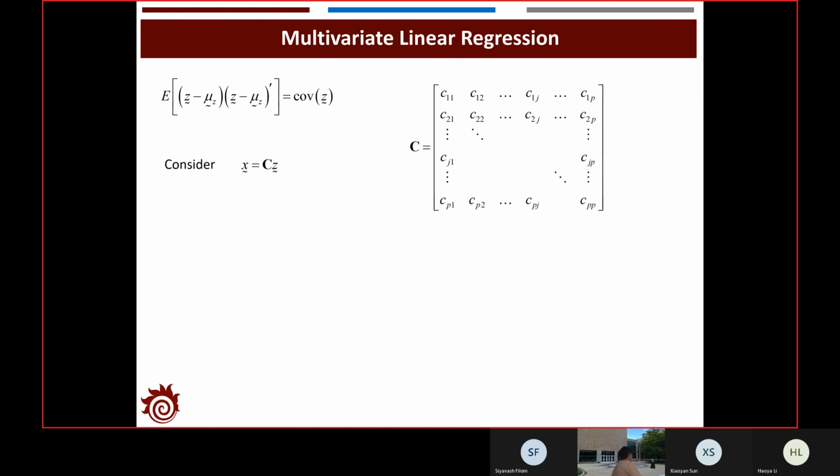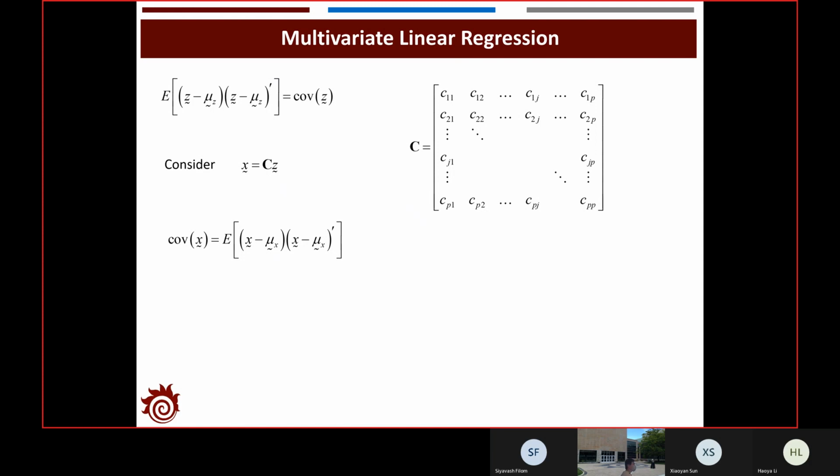Another feature about matrix operations, especially with respect to the covariance, is this: if we have a new variable x that equals C times Z, and we know the covariance of Z, then we can calculate the covariance of x.